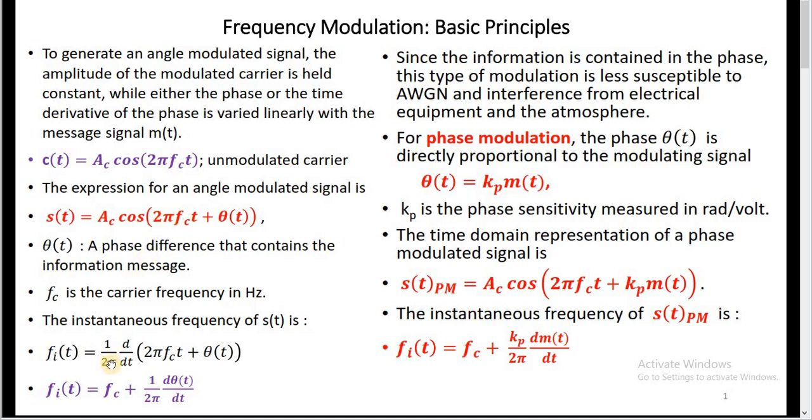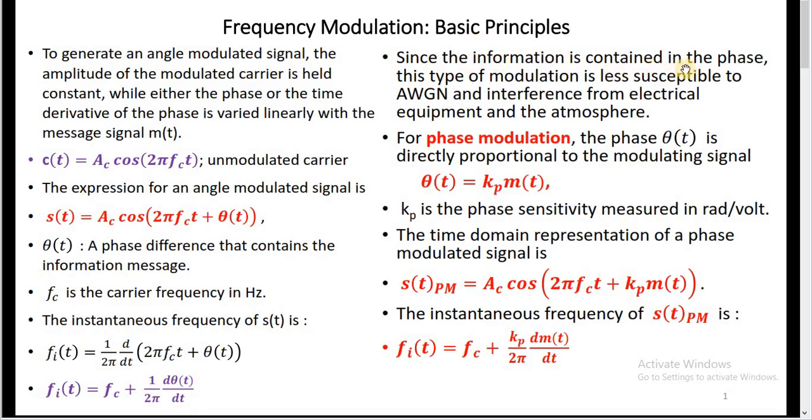When we divide it by 2 pi, we have only fc plus 1 over 2 pi d theta by dt. So for this type of signal, the instantaneous frequency is fc plus 1 over 2 pi d theta by dt.